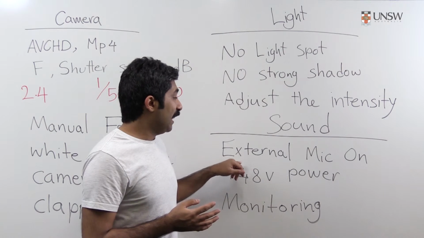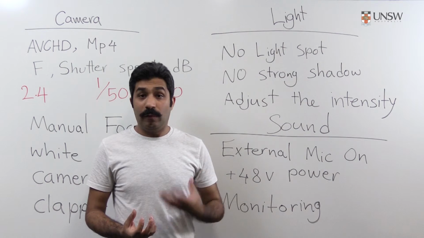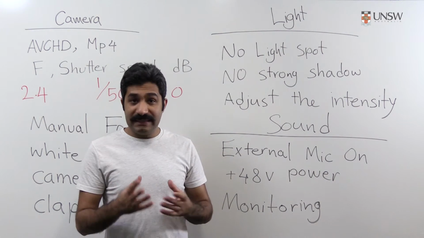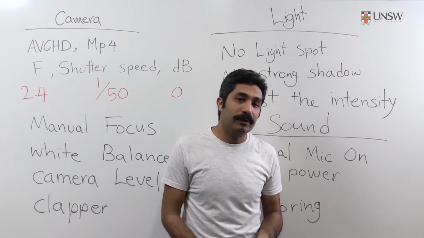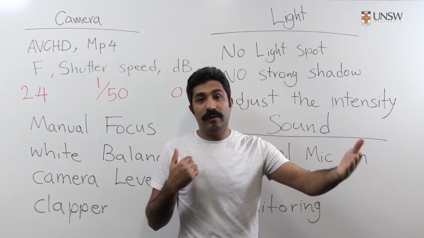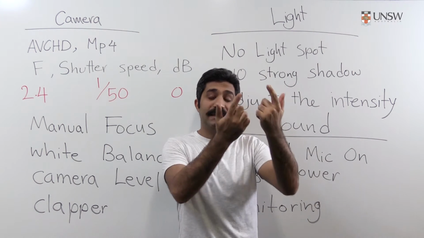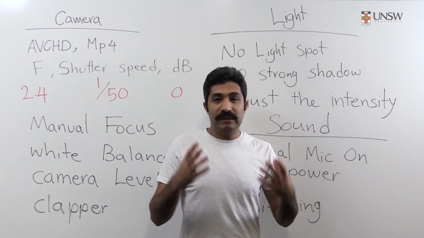You need to make sure that your camera is getting its sound from the external mic that we have, because these cameras have their own built-in microphones, which are generally not good microphones, and they are probably further from the subject than these mics, so they pick up lots of noise.